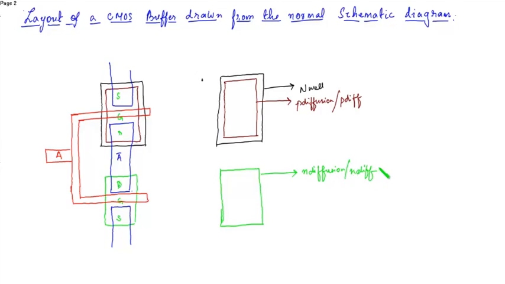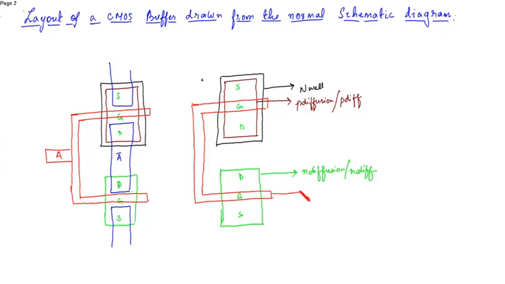So this is the source, gate, drain. This is drain, gate and source. This is the PMOS and NMOS. So now the PMOS gate is connected to the gate of the NMOS. This is the poly layer.